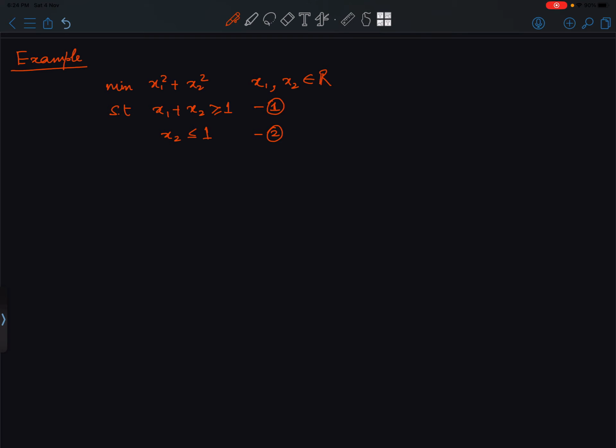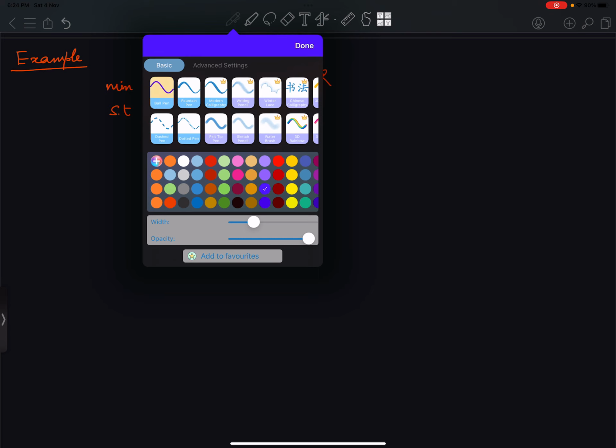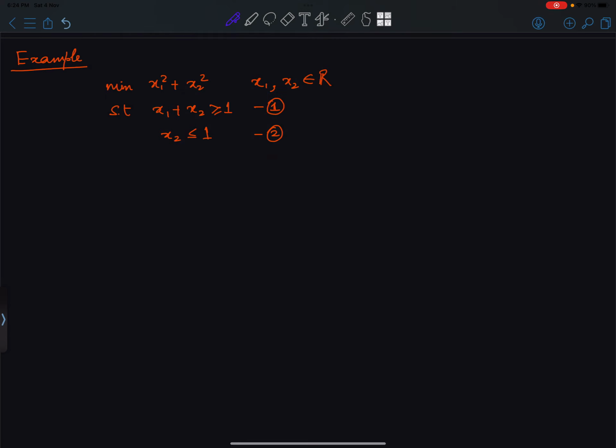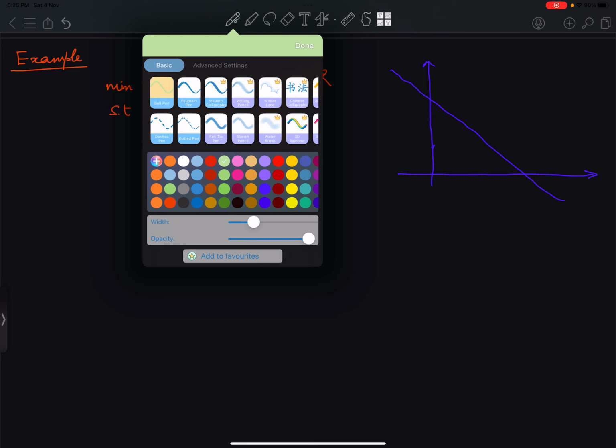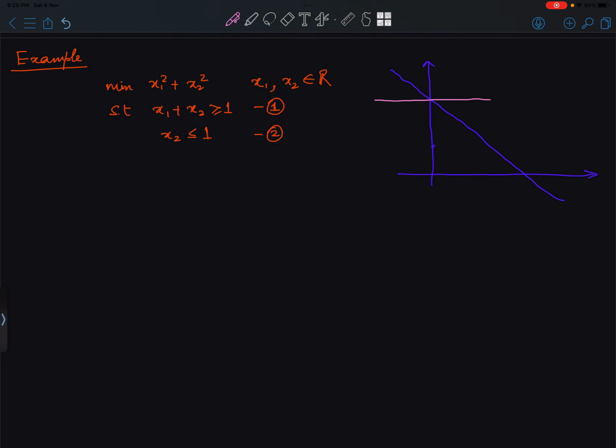So if I draw this, x1 plus x2 equals 1 is this line, and x2 less than 1 is, let me use some other color, this line.